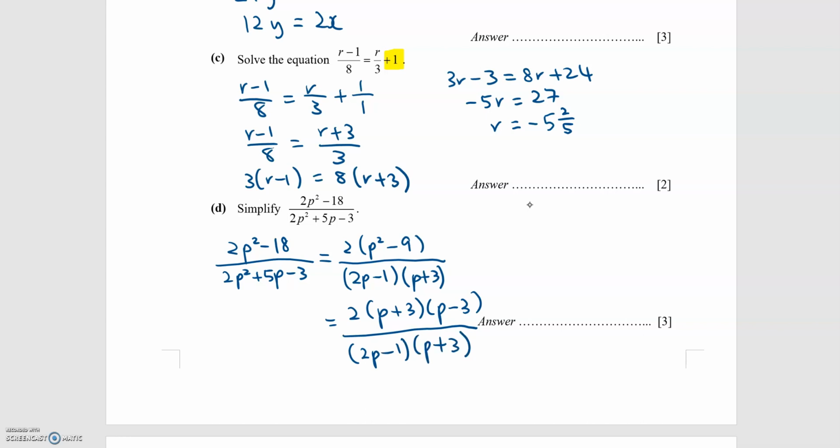The denominator has been factorized as well. You can use your multiplication frame or you can use a cross method. And then I would now do my simplification. And my answer would be this.